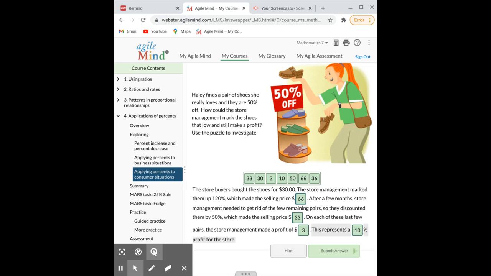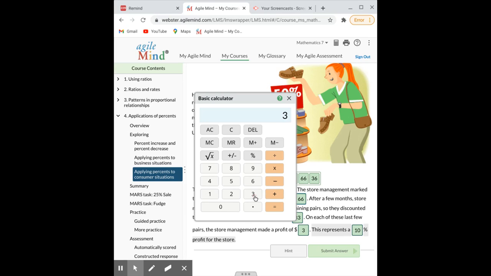They said to do $33 minus $30, which is $3. So that's our amount of change. So we take our amount of change, which is 3, and we divide it by the original amount. So 3 divided by 30 equals 0.1.